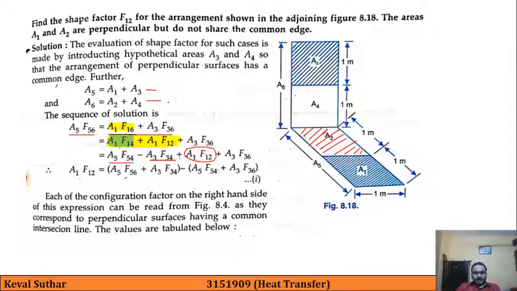So for that, this is the final equation that we are getting, and here it is written that each of the configuration factors or shape factors on the right hand side of this expression can be read from figure 8.4, which you need to refer to in the textbook of D.S. Kumar, and they correspond to perpendicular surfaces having a common intersection line. The values are obtained from the table.